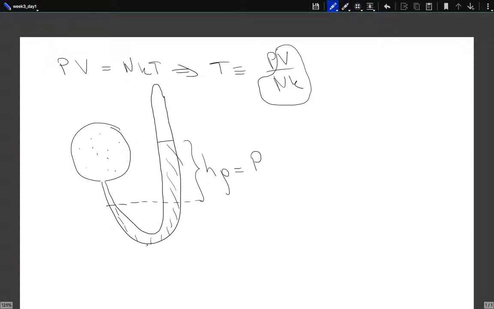You basically attach to this one a liquid reservoir. This is all filled with the same liquid. So you raise or lower this reservoir such that this point is fixed.